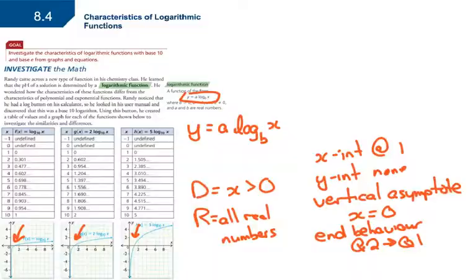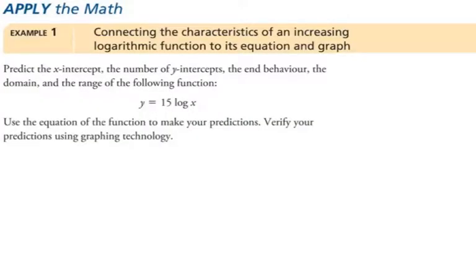So knowing all of this, looking at this example, y equals 15 log x, one of the first things you might notice is that there is no base on that log function, and that is a shorthand way that it's done in math. This is actually y equals 15 log base 10 of x.